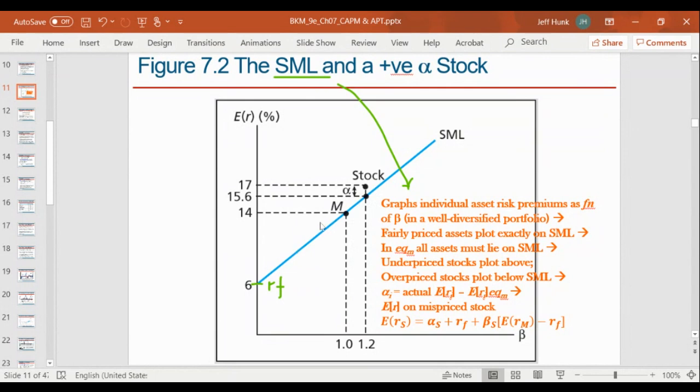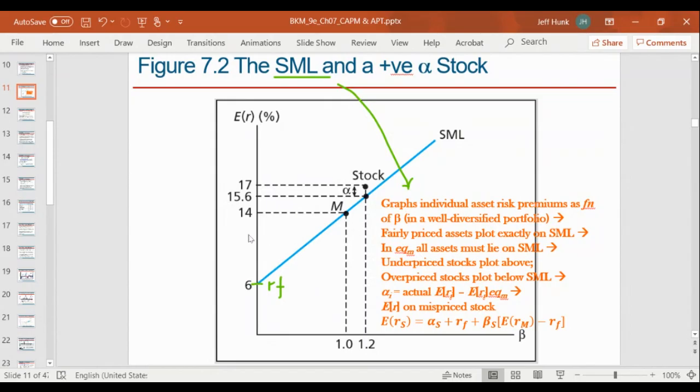Of course, one thing you can benefit from the security market line is you can identify a stock's alpha, and you can identify an undervalued stock or overvalued stock.